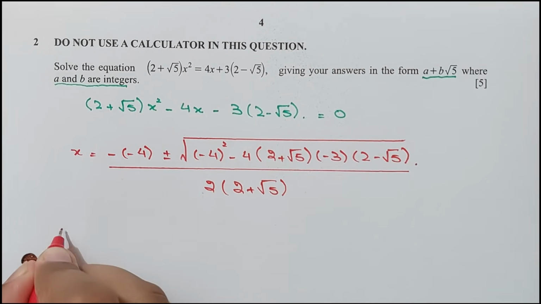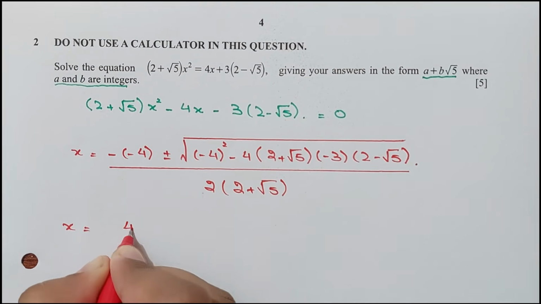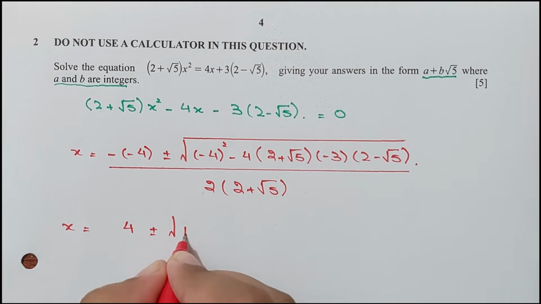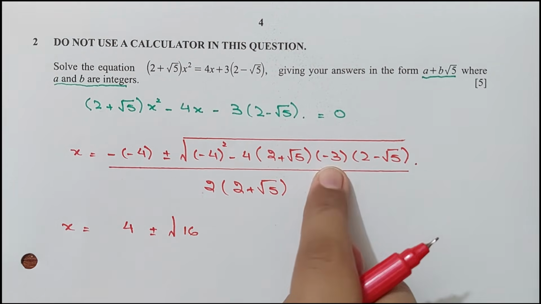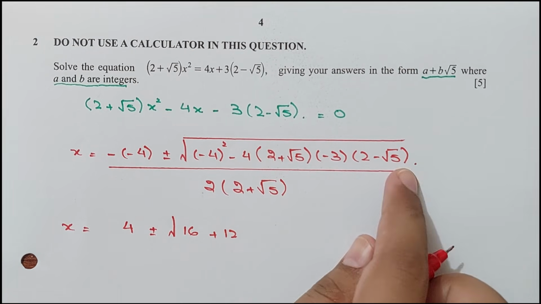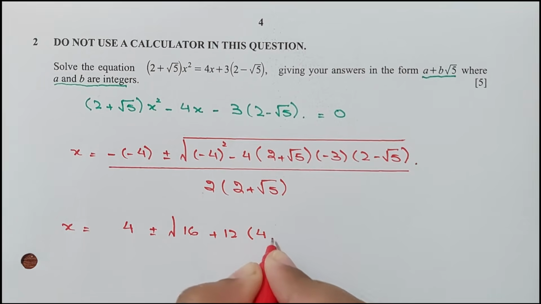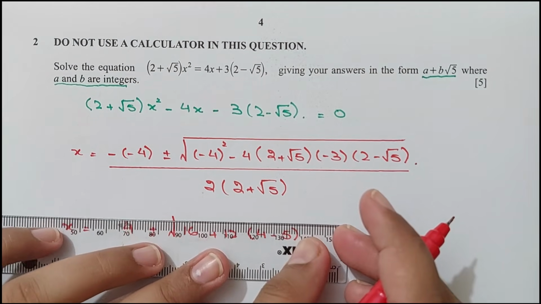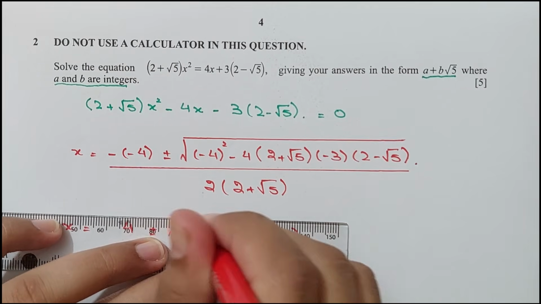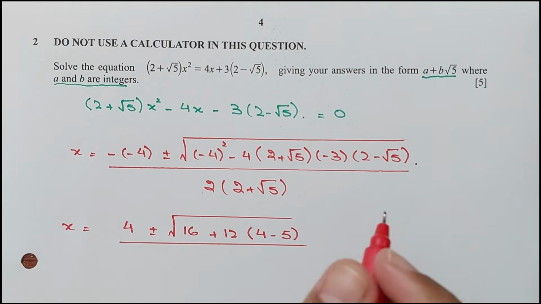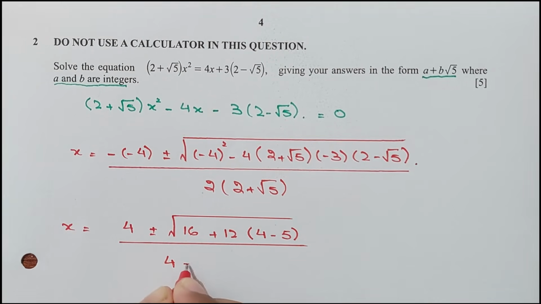So now we have x equals 4 plus or minus the square root of 4 squared, which is 16, negative times negative is positive 12, times 2 plus square root of 5 times 2 minus square root of 5, which is 2 squared, which is 4, minus square root of 5 squared, which is 5, divided by 2 times 2, which is 4 plus 2 square root of 5.